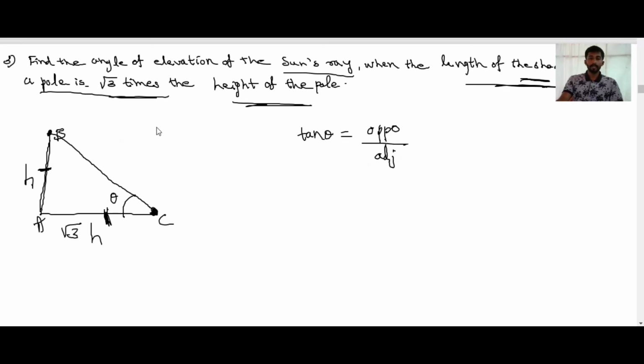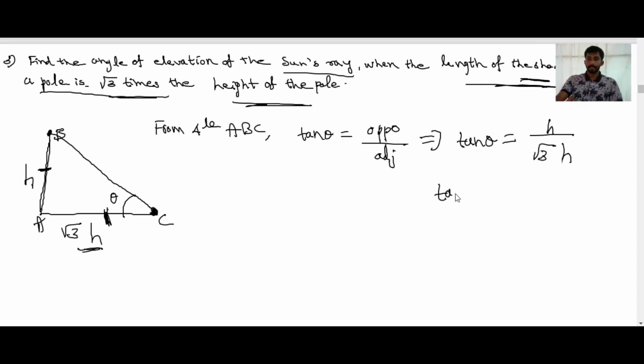Before that, write from the right angle triangle ABC, tan theta is equal to opposite side by adjacent. This implies tan theta is equal to, what is opposite length? Opposite is equal to H divided by, what is adjacent? Root 3H. Here you can observe adjacent value is equal to root 3H.